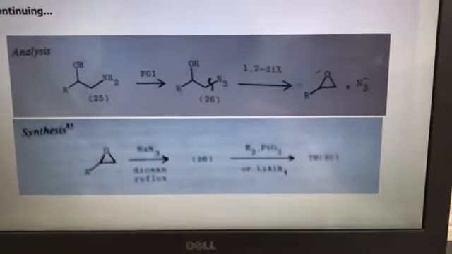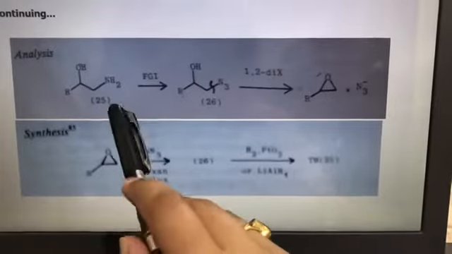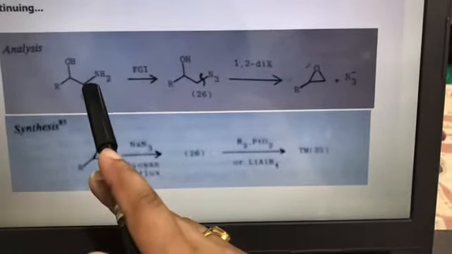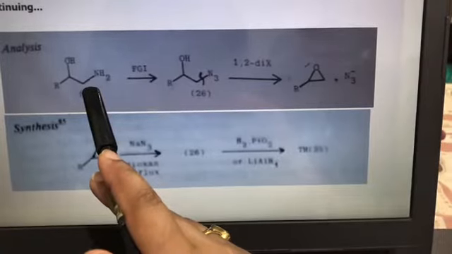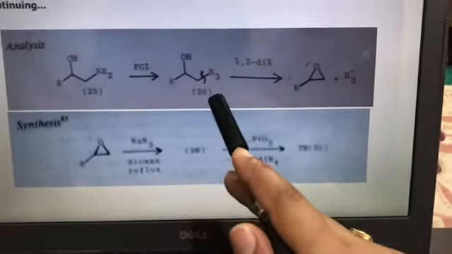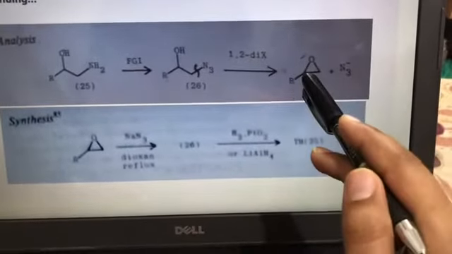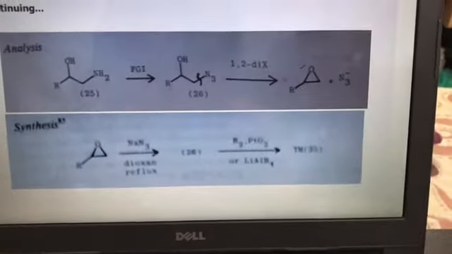We have seen it through FGI, I have shown it. Here is a primary amine, and using FGI we can convert it into an azide group, and its disconnection gives us an azide ion and this hydroxyl ion.